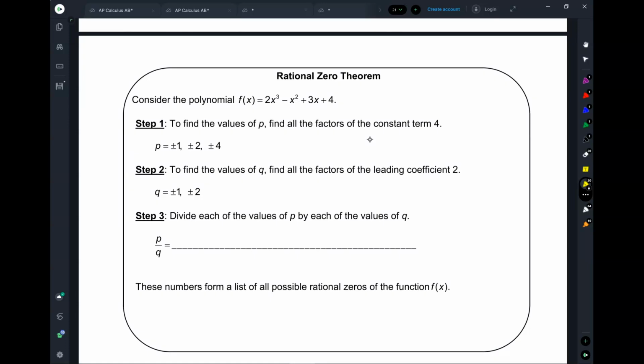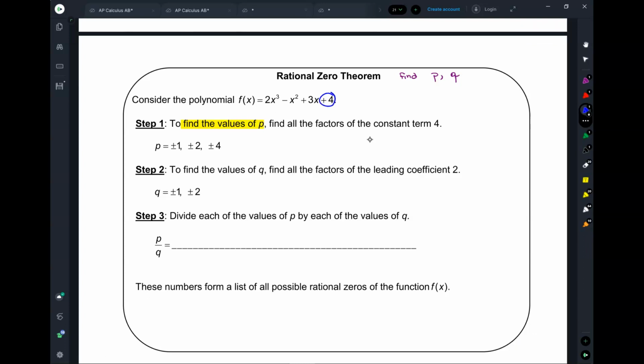Basically, you have to find values of P and Q. Now, where do these numbers come from? Don't read ahead. Listen to what I'm saying. To find the values of P, find all the factors of the last term, 4.